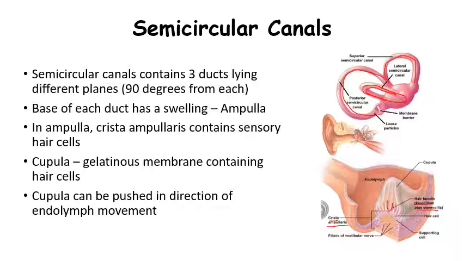So we get the bending through the movement of the endolymph, or lack of movement, the inertia of the endolymph. We will see here in a sec. But the endolymph will cause the bending of the cupula, and then we can get the bending of the cells, and we stimulate these hair cells located in the crista ampullaris.